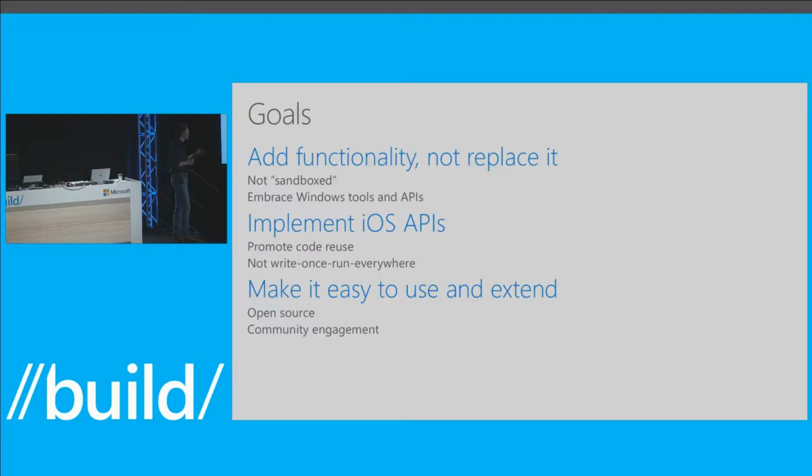So to make this really work, what we've done is taken large parts of those frameworks and implemented them on Windows. So large parts of your existing code base will just work. And you can build a UWP app using both Windows APIs and iOS APIs.